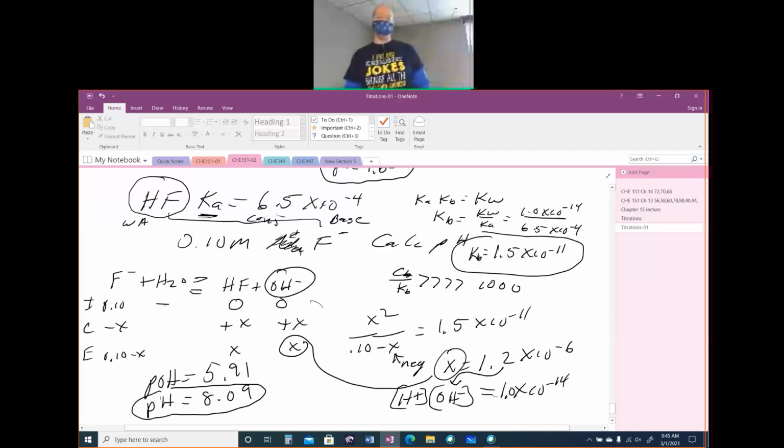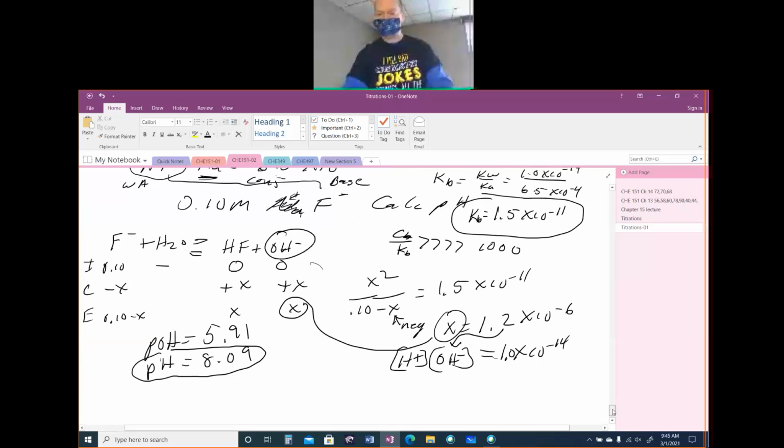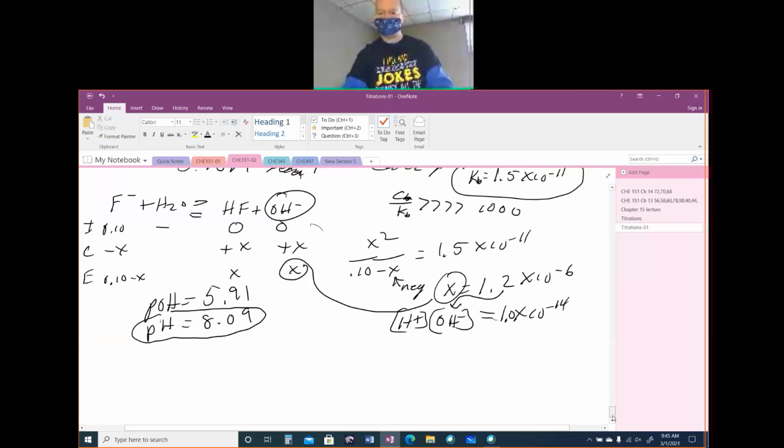Take the negative log of that, and you'll get the exact same answer of a pH of 8.09. I always go with pOH and pH, but again, same answer if you go with concentration of your H plus times the concentration of OH minus being your Kw value.